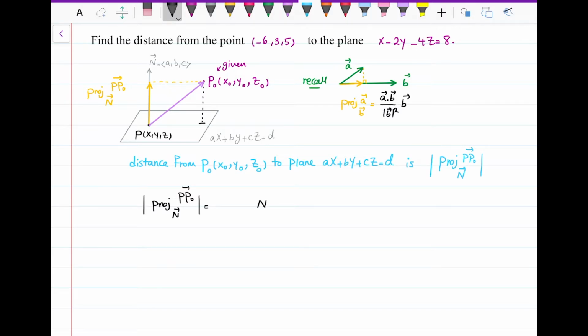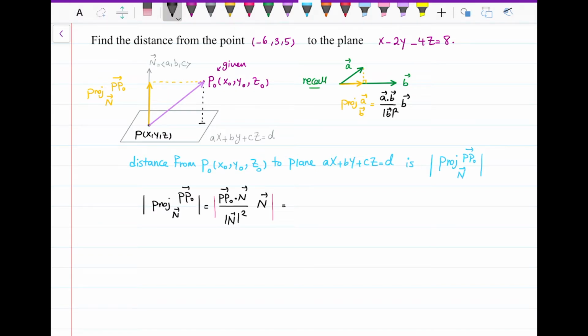It is a number times n, because it is in the direction of the normal vector. And that number is the dot product of PP0 with n, over the length of the normal vector squared. That is the projection vector, and I was looking at its length.